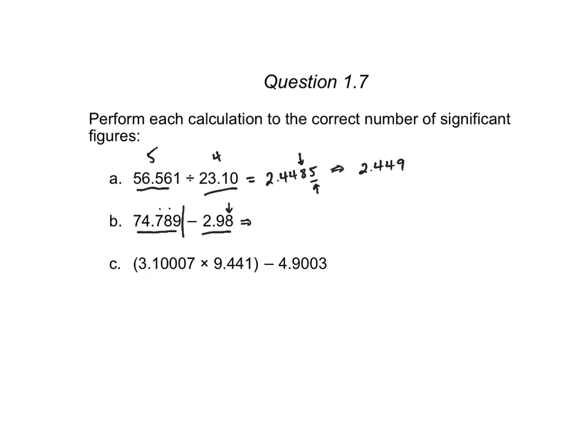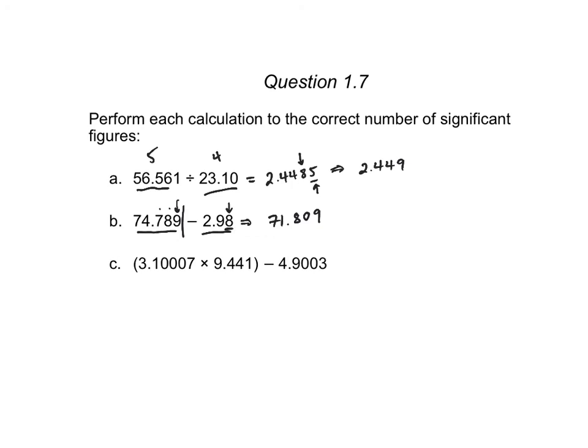So when we subtract these, we end up getting 71.809, but what decimal place should I be reporting this answer to? Because this is going to the thousandths, this is going to the hundredths. Who are we limited by? The hundredths place, right? We're limited by this guy.